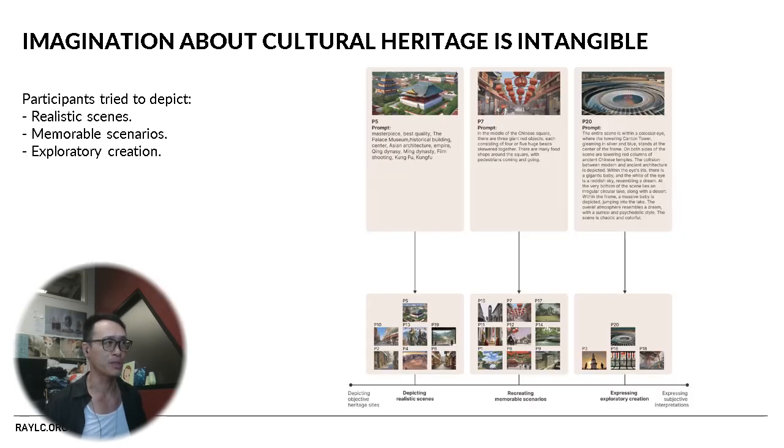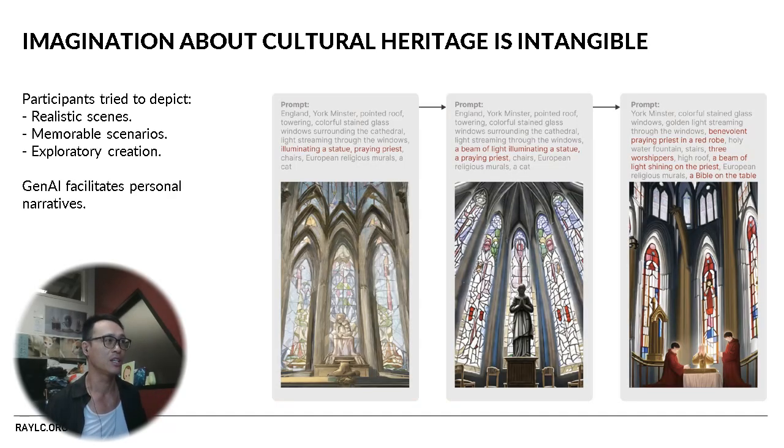In the workshop itself, we did a bunch of things with these local and online participants. For example, we allowed them to use Stable Diffusion to depict the entities that they imagine, so they can create some exploratory scenarios, and also they would change the AI prompts to make them fit the ideas. This generative AI approach allows them to give personal narratives that come out of this.